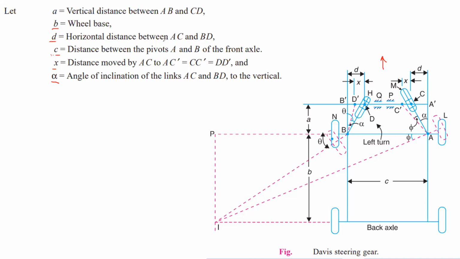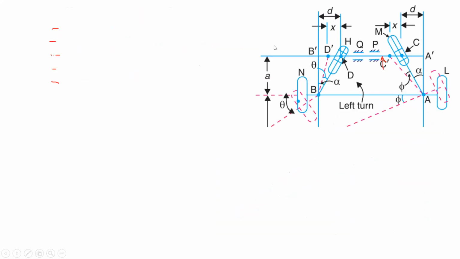So next, let us see now the derivation. We have seen what is theta. Theta is the angle of turning of inner front wheel. So if it is a left turn, left wheel is your inner wheel.